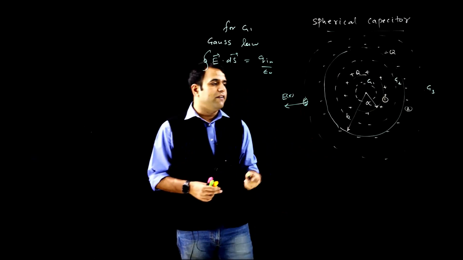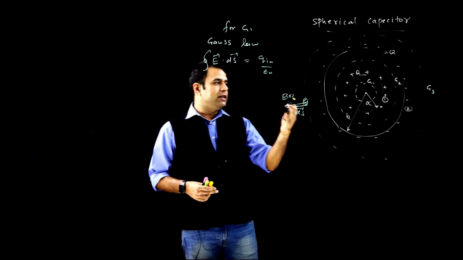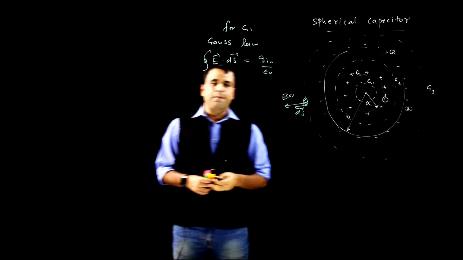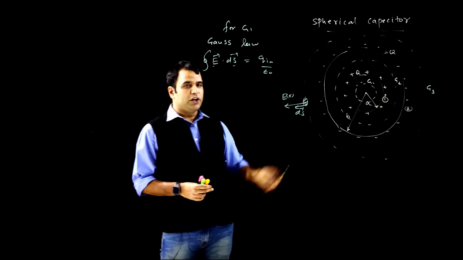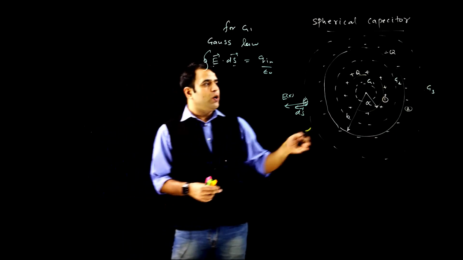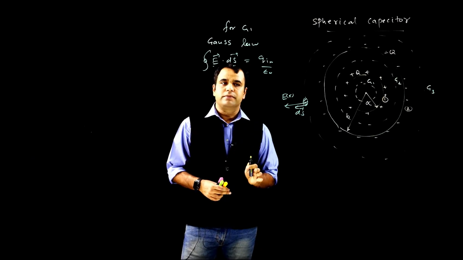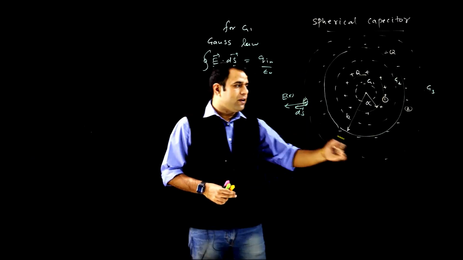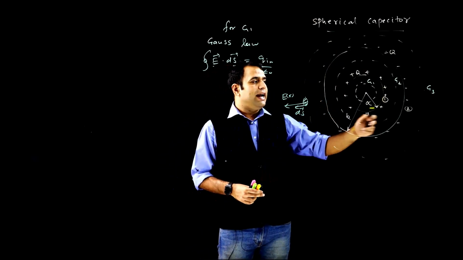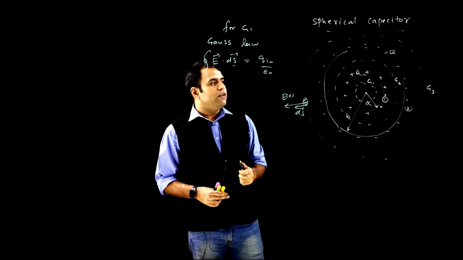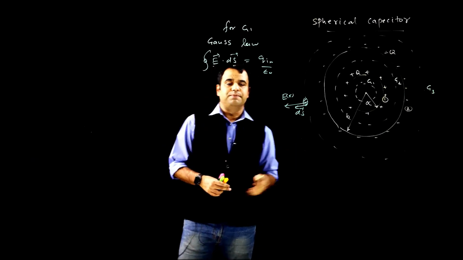And it will be parallel to the area vector, whether you talk about G3, G2 or G1. So the angle is 0 between E and dS for all three Gaussian surfaces. At the same time, over each individual Gaussian surface, the magnitude of electric field will be the same: everywhere on G3, on G2, and on G1.